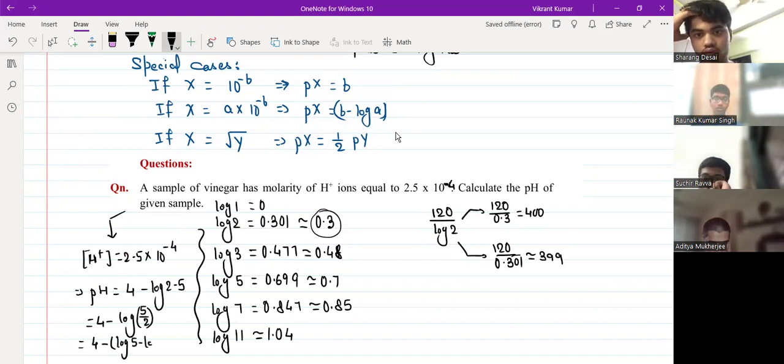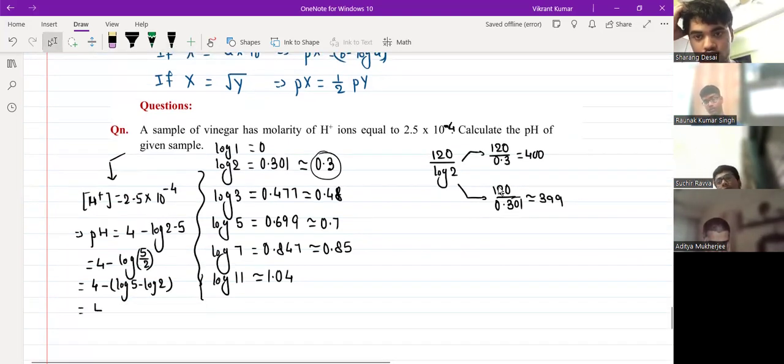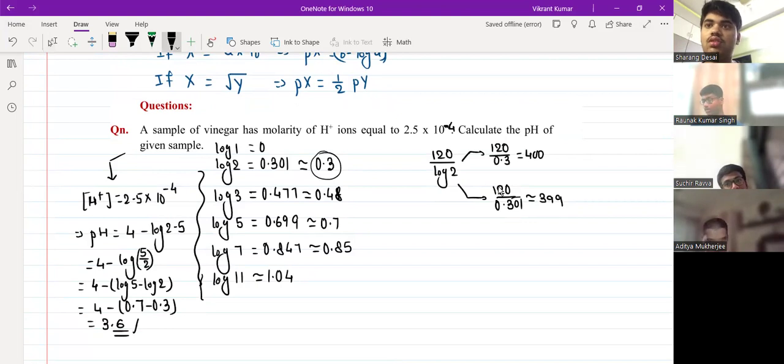That's why अभी यहाँ पे हम लोग ले रहे हैं approximate value, but again we need to be careful. वो क्या बोल रहा है, तो log 5 is 0.7 मैं ले रहा हूँ और इसको 0.3 ले रहा हूँ, तो then it will become log 0.4 आ जाएगा, तो this will be 3.6 will be the answer. Is it okay?